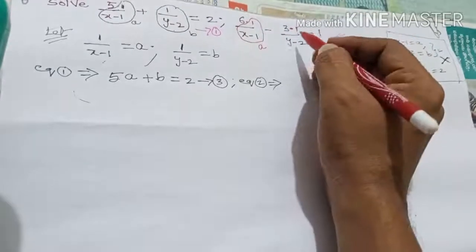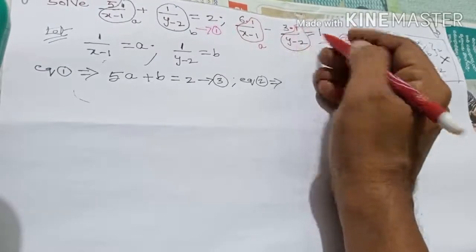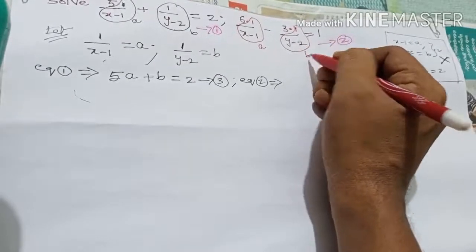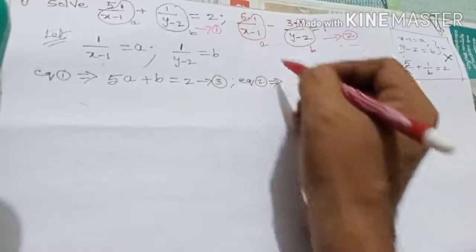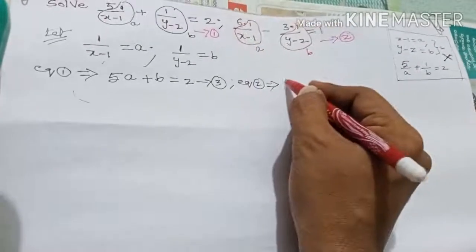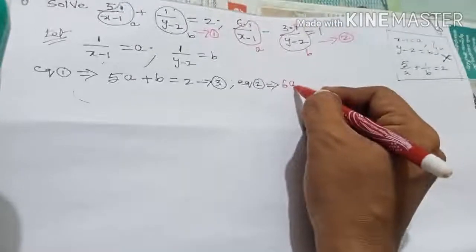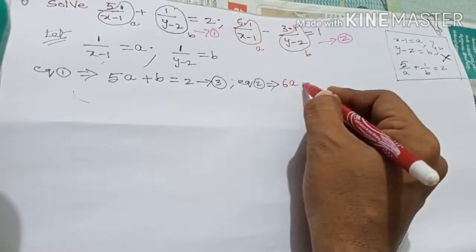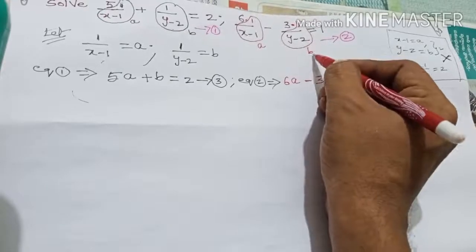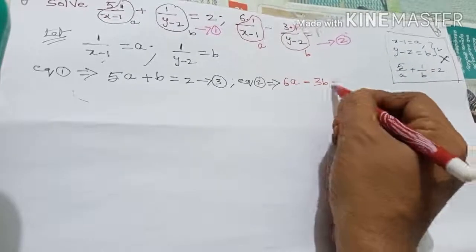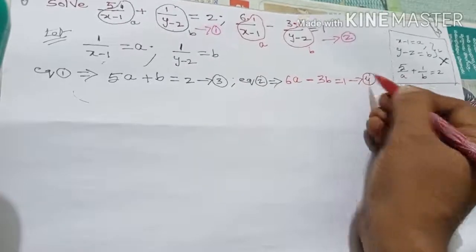There is no change in the value of 3. Therefore, this 1 by y minus 2 can be taken as b. Therefore, equation 2 implies 6a minus 3b is equal to 1. You can take this as equation 4.